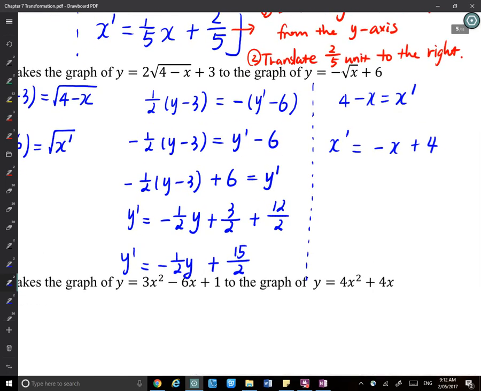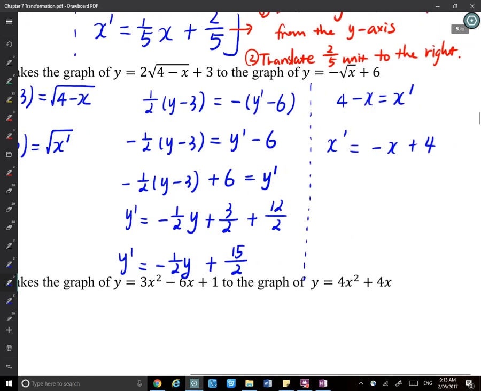So you can see this dilation is only from the y side. There's no dilation to the x side, and there's reflection on both sides, and there's translation on both sides. So the order I will talk about will be what I should write.